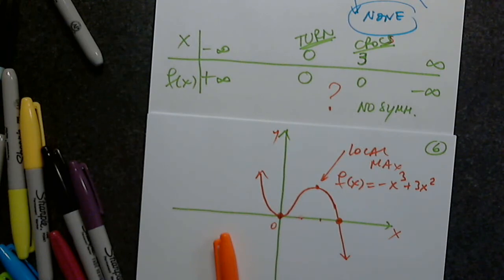Now let's think a little bit about the viewing window. We already graphed the function. So it turns at 0. So I don't really need too much of the negative side of the x-axis. It crosses at 3. So I'll say I'm going to go up to 5 or 6. So I'm going to the window.